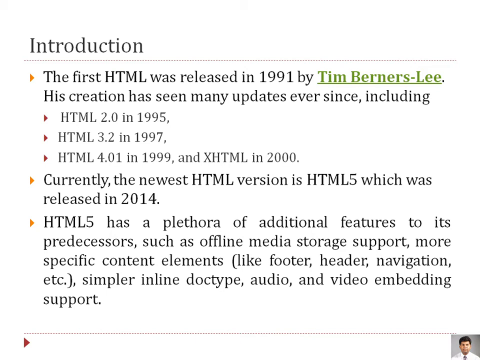Whenever you visit a library, you will find an HTML 4.01 reference book available. There is no HTML 5.01 or something else, because HTML ended at version number 4.01 itself.